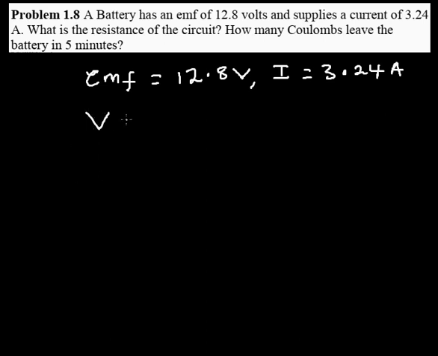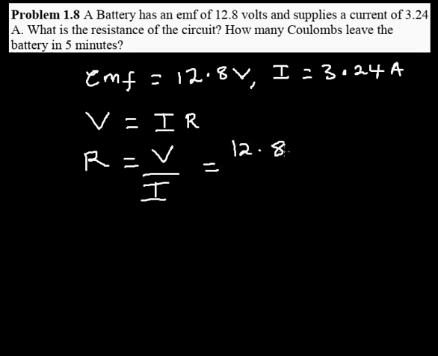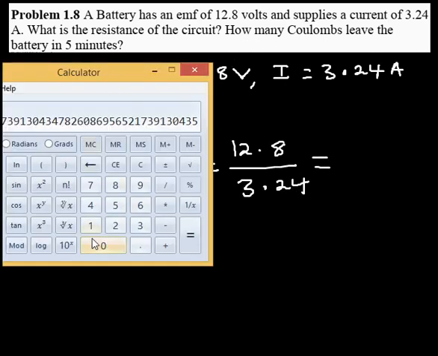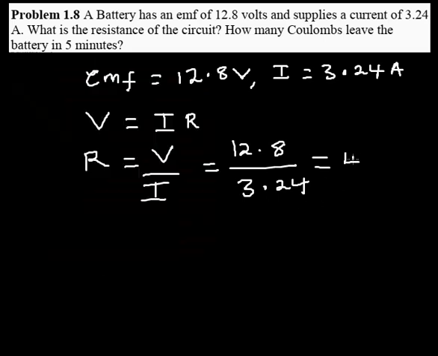Okay, so applying the formula V is equal to IR, R is going to be equal to V all over I. So that's going to be equal to 12.8 divided by 3.24. So that's simple. I believe you can actually do that. Now, let me still do that. 12.8 divided by 3.24. Okay, so approximately that's 4 ohm, right?